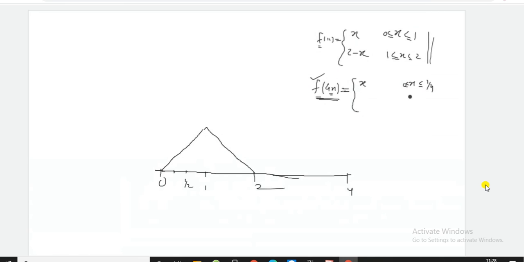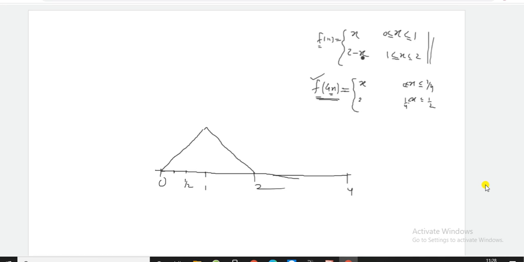And when your x lies between 1/4 to 1/2, right? 0 to 1/4, it is x, and 1/4 to 1/2, it is 2 minus... I think there is a mistake.